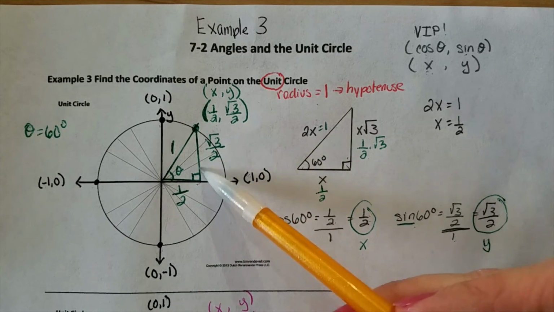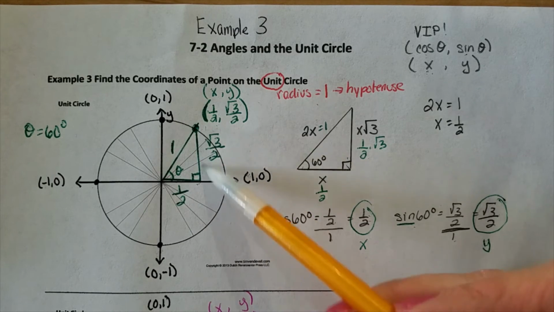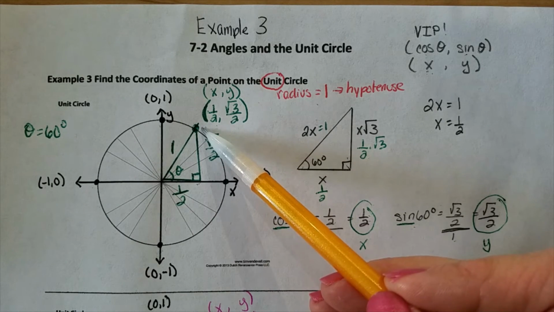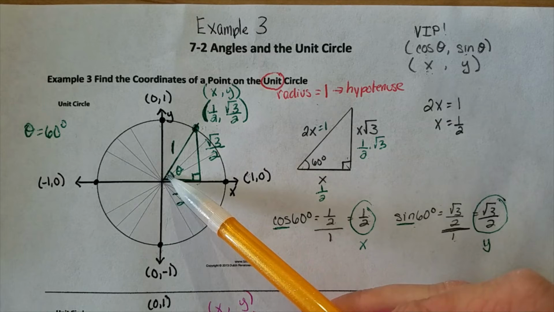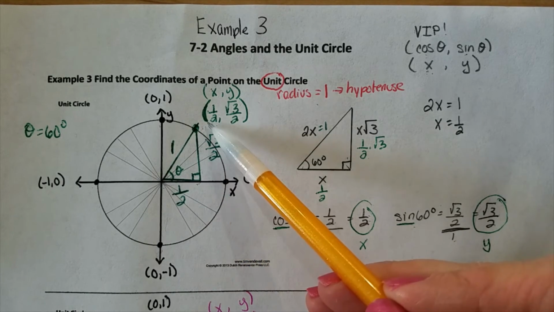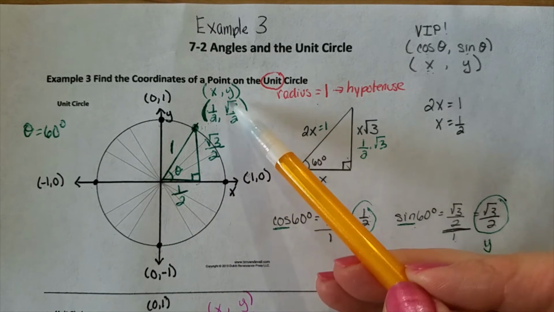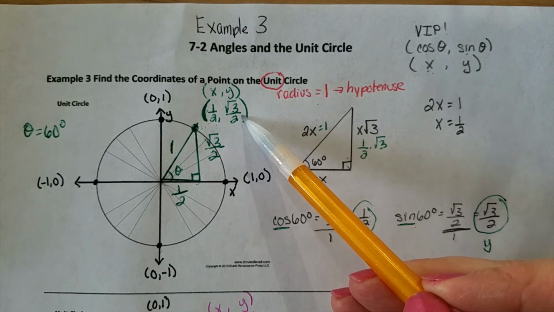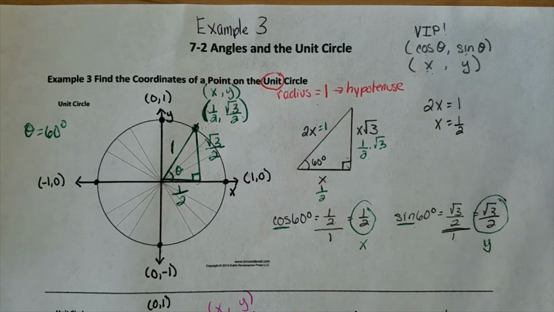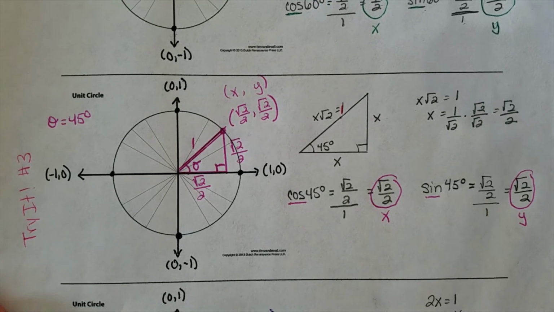Sine, of course, opposite of your theta, relates to the height, which is also y. So that means my coordinate, when my theta is 60 degrees, my x value is 1/2 and my y value is square root 3/2.